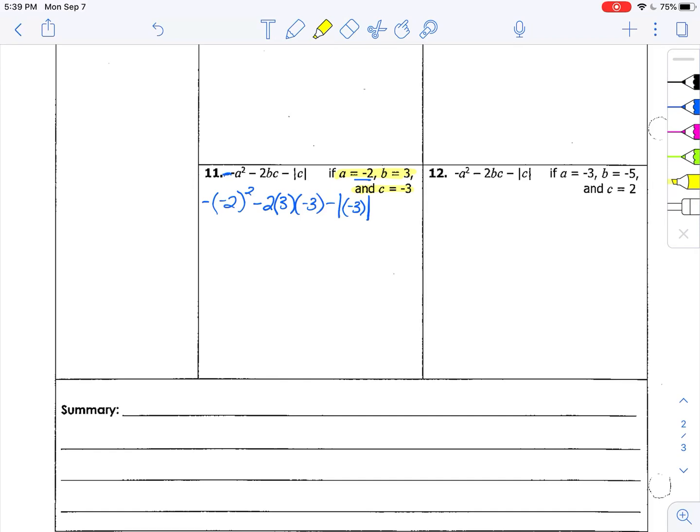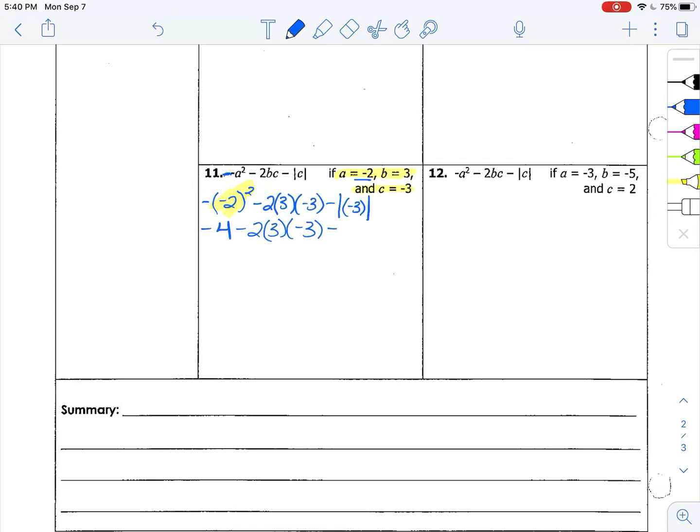So according to order of operations, we're going to do this exponent first. So I'm going to bring down the negative that is outside my parentheses. Negative 2 squared is negative 2 times negative 2, which is a positive 4, minus 2 times 3 times negative 3, minus, I'm going to go ahead and take care of this absolute value here because absolute value is not part of order of operations.